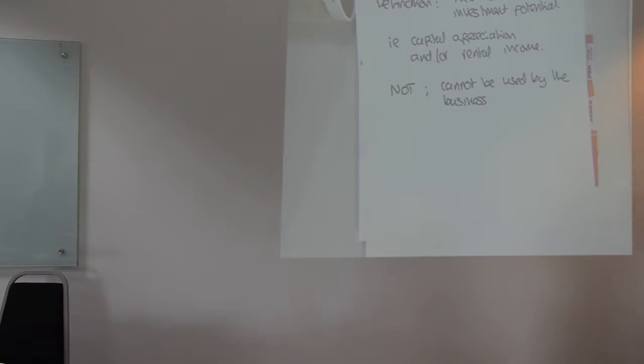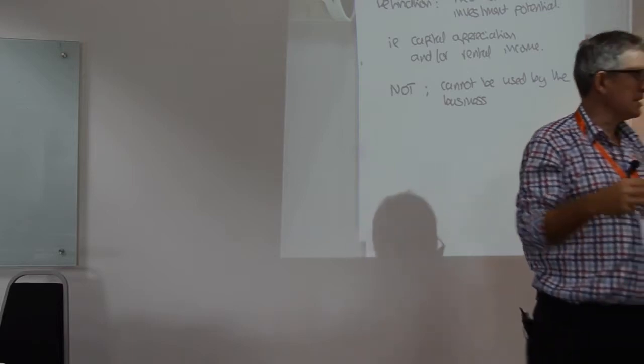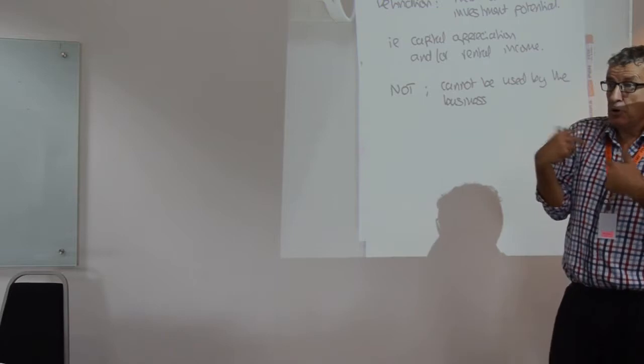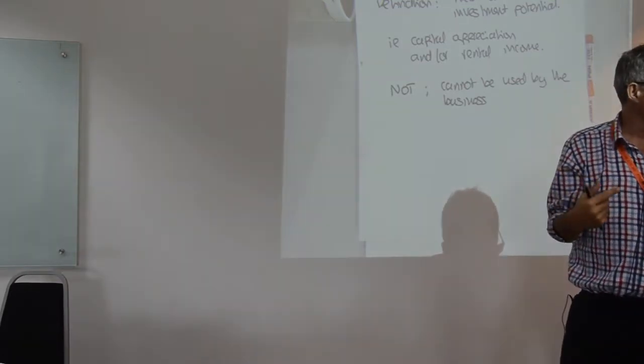In my books, that's an investment property. But in the group accounts, it would not be an investment property because in a group context, you would not be letting it outside the group.